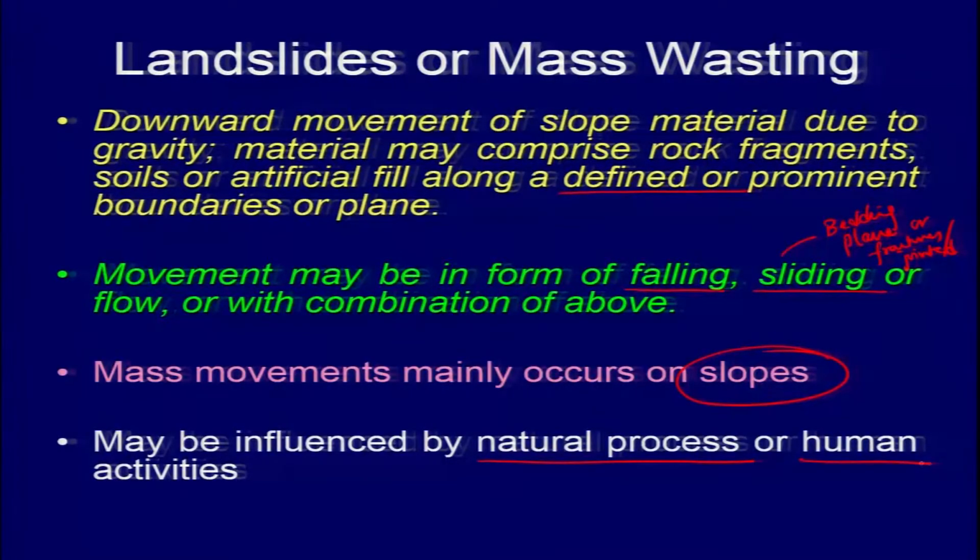If a lot of material has been poured or put on the slope, that is an overburden, then that will also trigger the landslip. Or you are doing a down cutting. Suppose you are having a slope like this, and if you remove the material from below, then this material can slip.